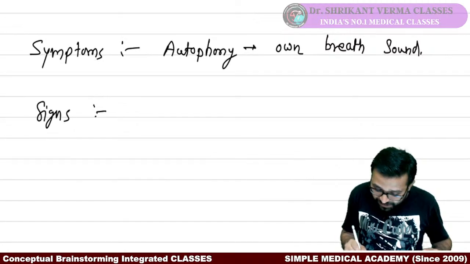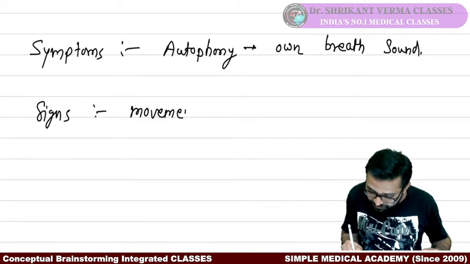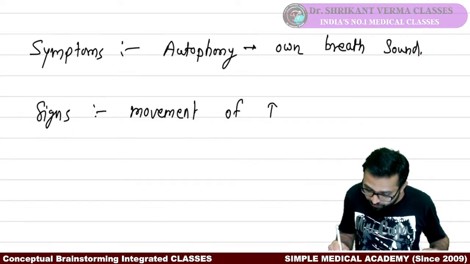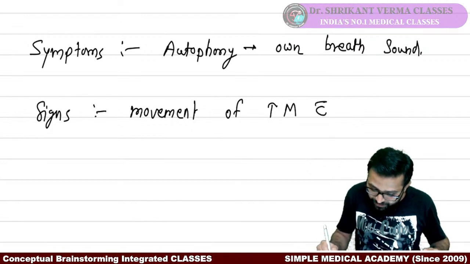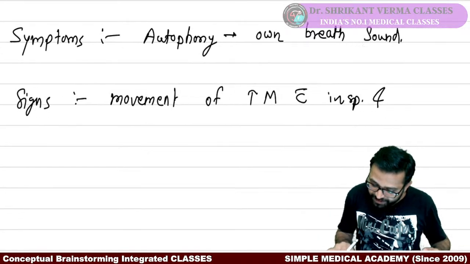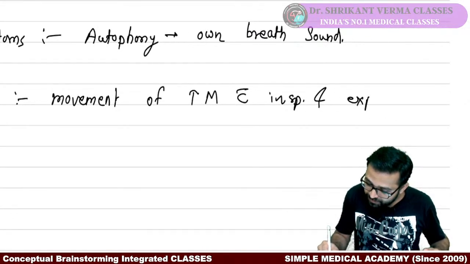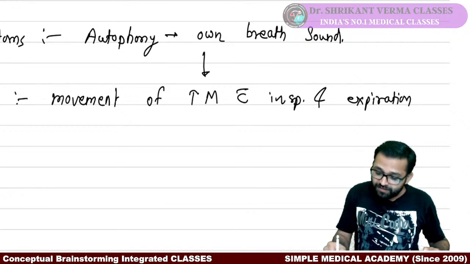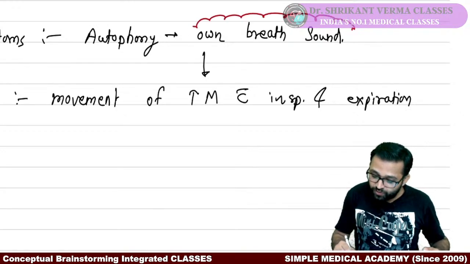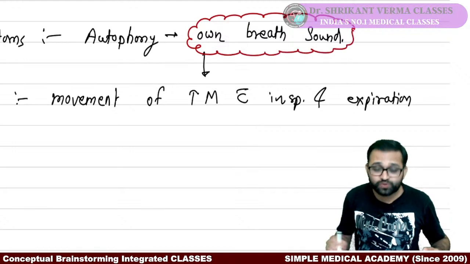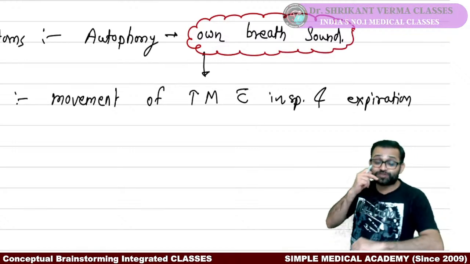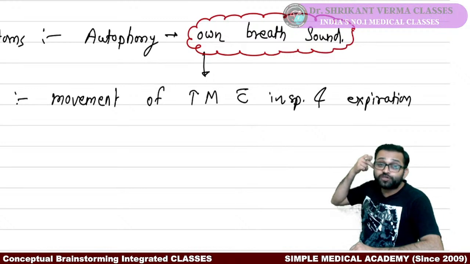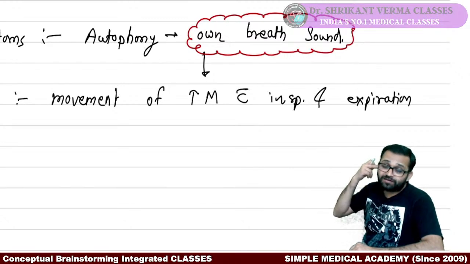Yes, you will see there is movement of the tympanic membrane with inspiration and expiration. Simple, very simple. आप खुद लॉजिक लगाइए, कोई आदमी खुद की सांसों की आवाज सुन रहा है, ये तभी पॉसिबल है जब हमारा ऑडिटरी ट्यूब ओपन है, so breathing sounds are heard.